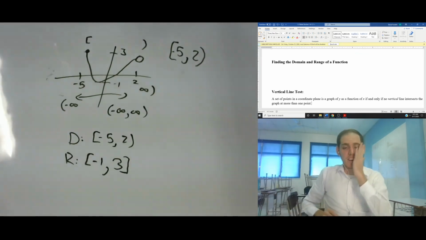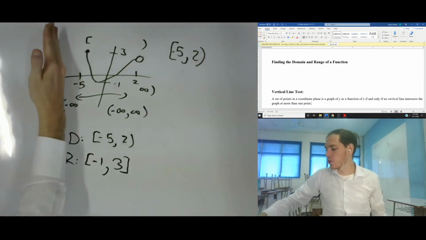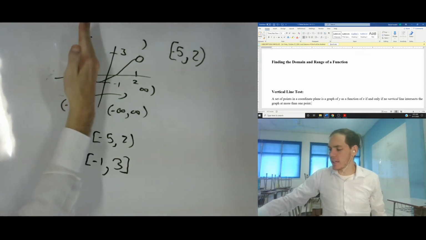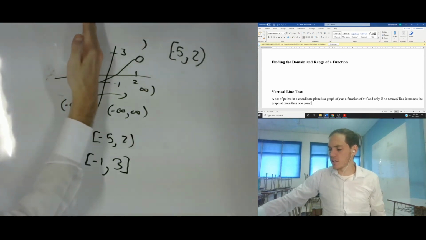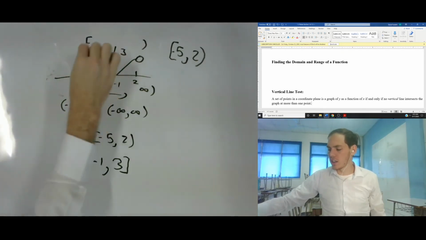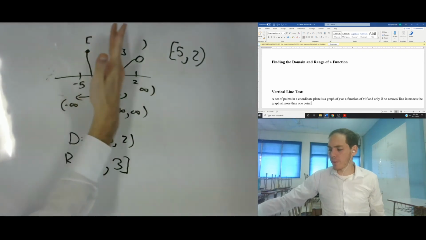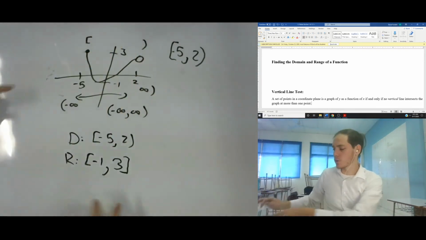Basically, if we're going this way, it would intersect each line at one point. So this would be a function.